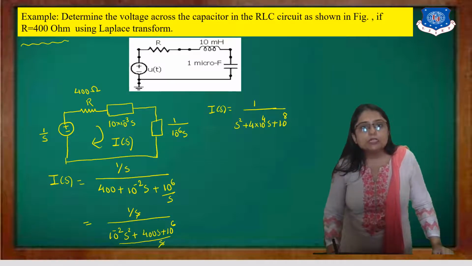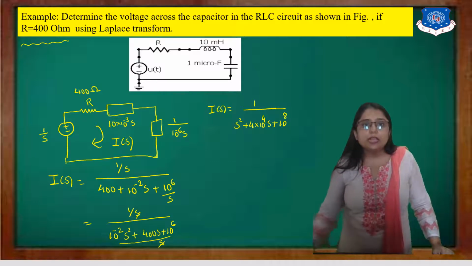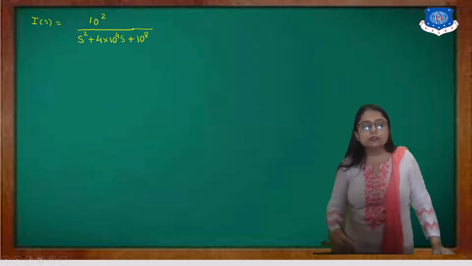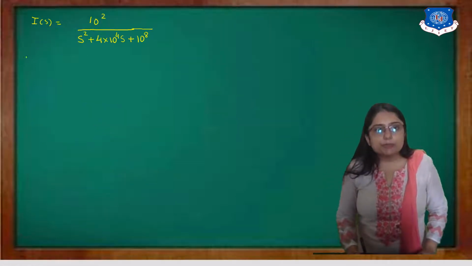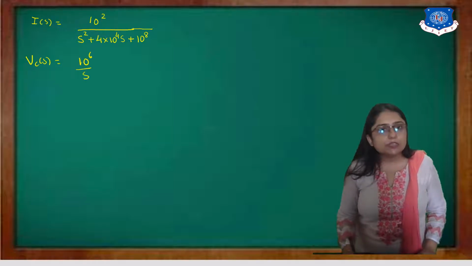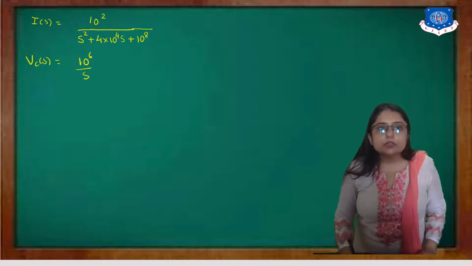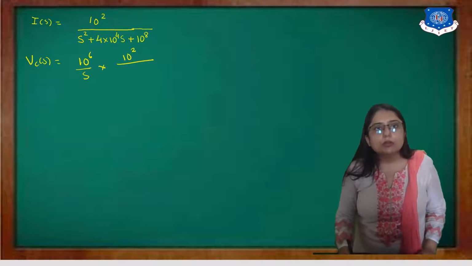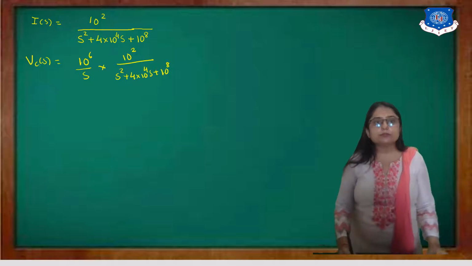So you have to multiply this I of S with 10 raised to plus 6 divided by S. Voltage drop across the capacitor is Vc of S. As I said, I have to multiply this with the capacitor of 1 microfarad. So this will become 10 raised to 6 by S multiplied by 10 raised to 2 upon S square plus 4 into 10 raised to 4S plus 10 raised to 8.